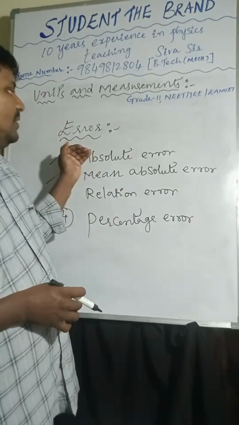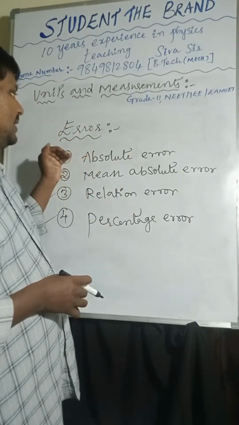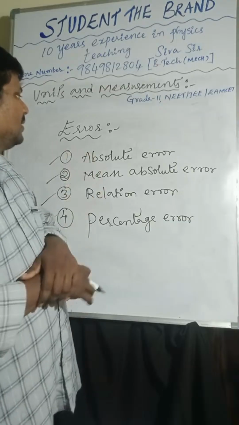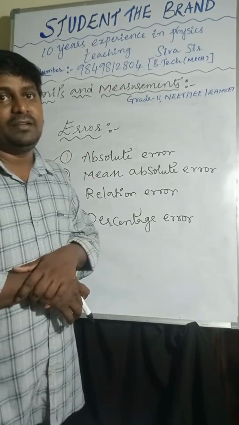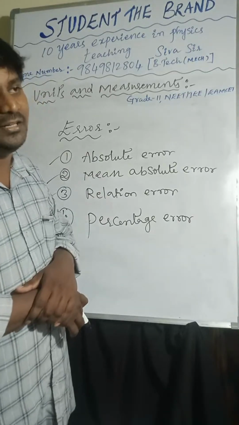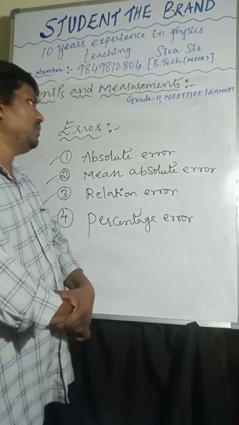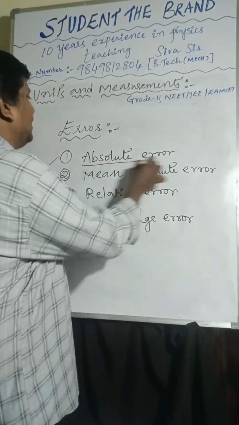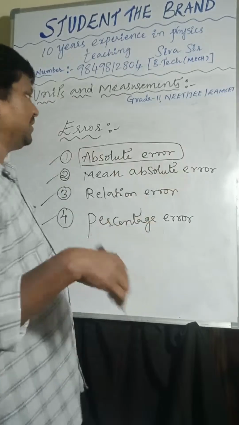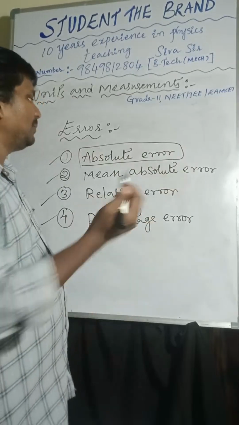Absolute error is nothing but the difference between the true value and the measured value. The difference between the true value and the measured value is called absolute error.